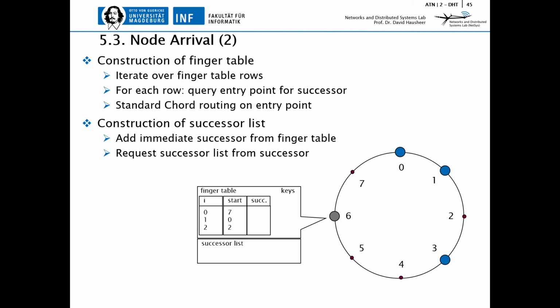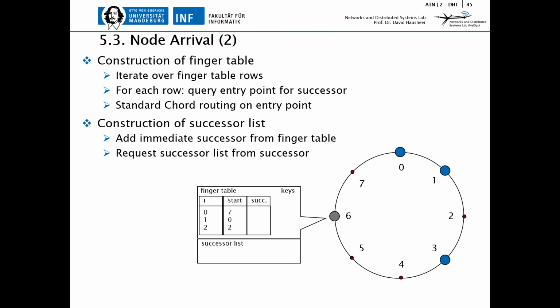Next, we need to construct the finger table for that new node. This happens by iterating over the individual finger table rows. And for each row, we basically need to place a query in the existing network with node 1 as the bootstrap node, where we look for the successor of that particular entry.